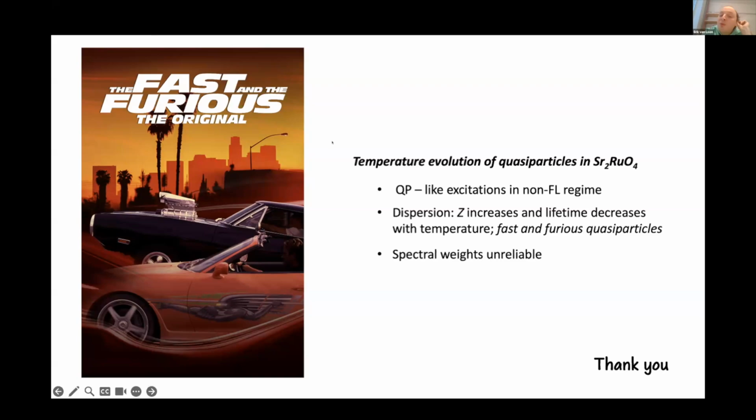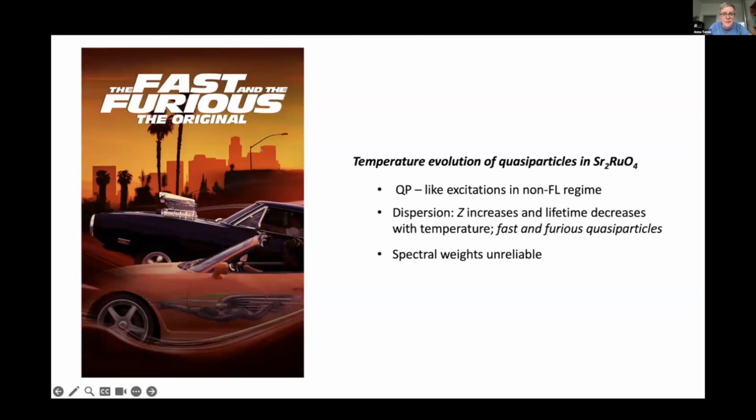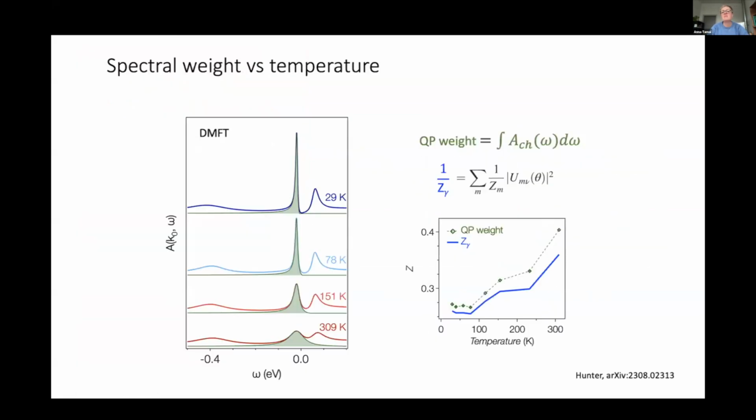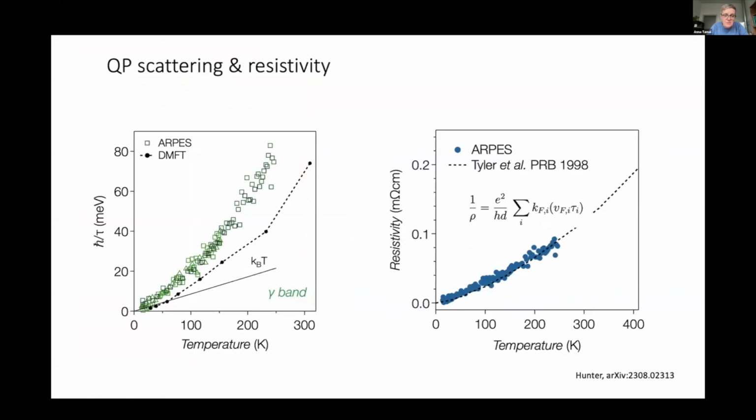But would you say also that the agreement between DMFT and the experiment becomes better at higher temperature? Or is it just the same everywhere? No, I wouldn't say it becomes better, on this I would not comment.